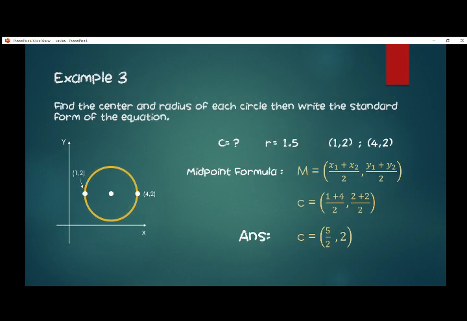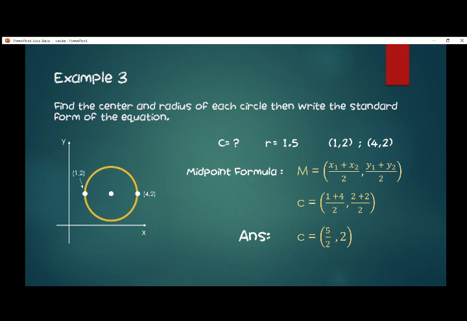And then since nahanap na natin yung ating radius, sunod naman nating hahanapin ay yung ating center. Sa pagkuha ng center, pwede nating magamit yung midpoint formula, which is m equals to x sub 1 plus x sub 2 over 2 and y sub 1 plus y sub 2 all over 2.